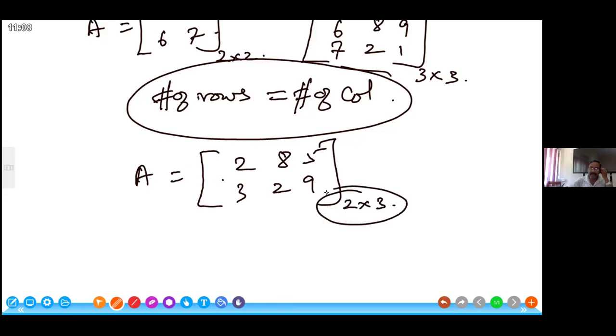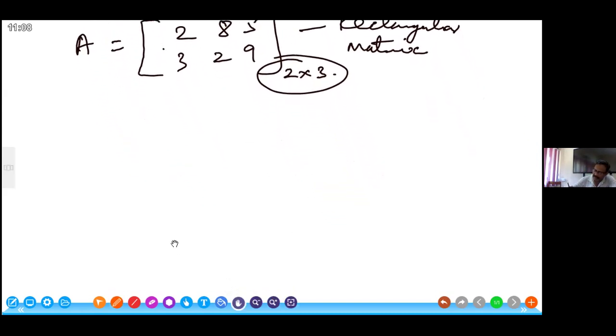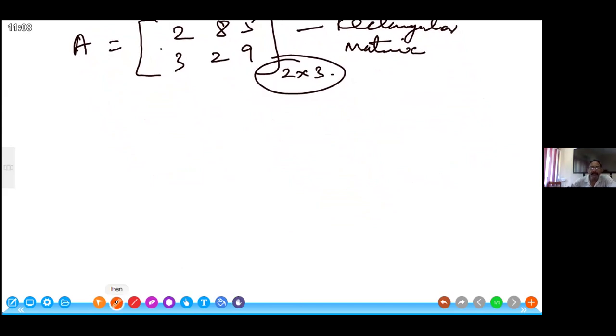The sizes are different: the number of rows is not equal to the number of columns. So this is a rectangular matrix. Right. Any questions? We are learning very basic ones, one after the other.